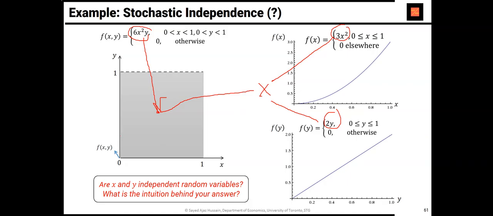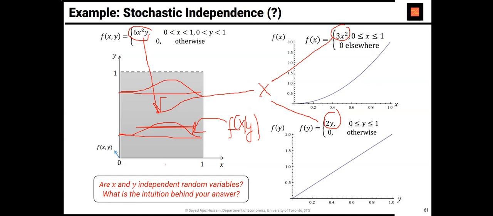Why? Here's why. Pick a value of y. Notice that this is your density of x given y. That is the exact same shape as over here. Makes no difference, right?